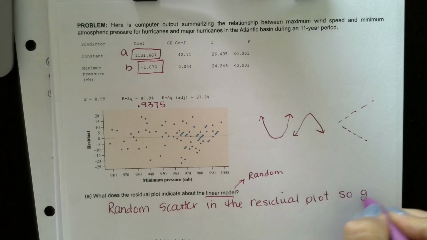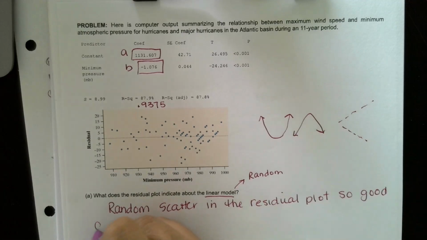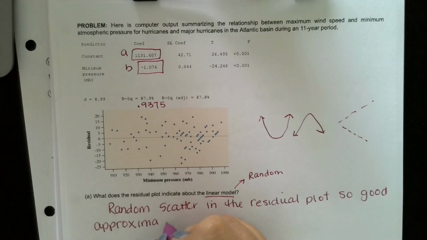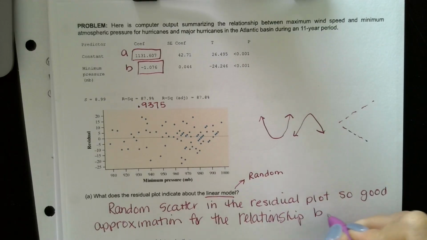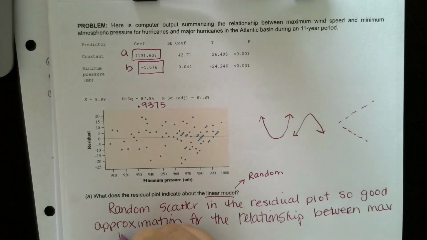So it's a good approximation for the relationship, and this is where I bring the context in, between max wind speed and minimum pressure.